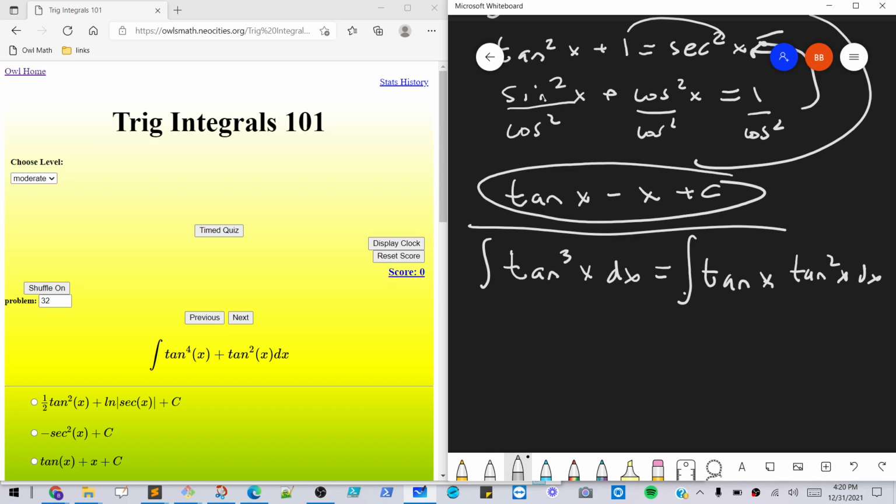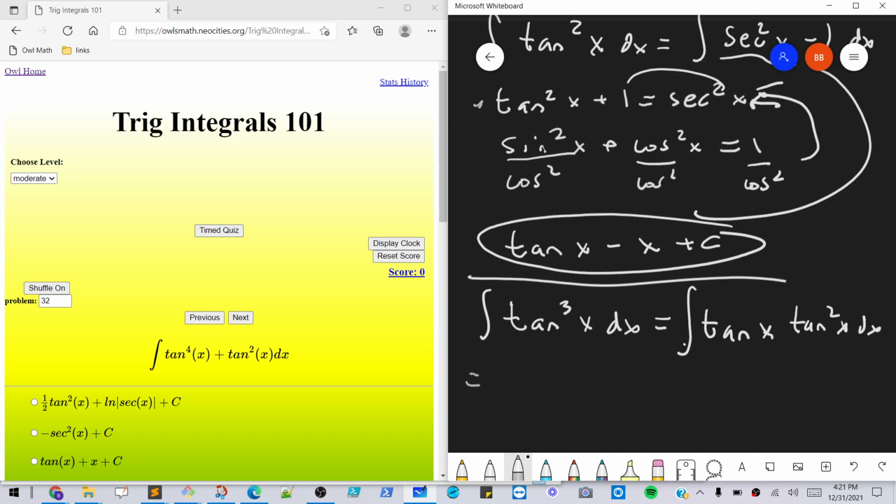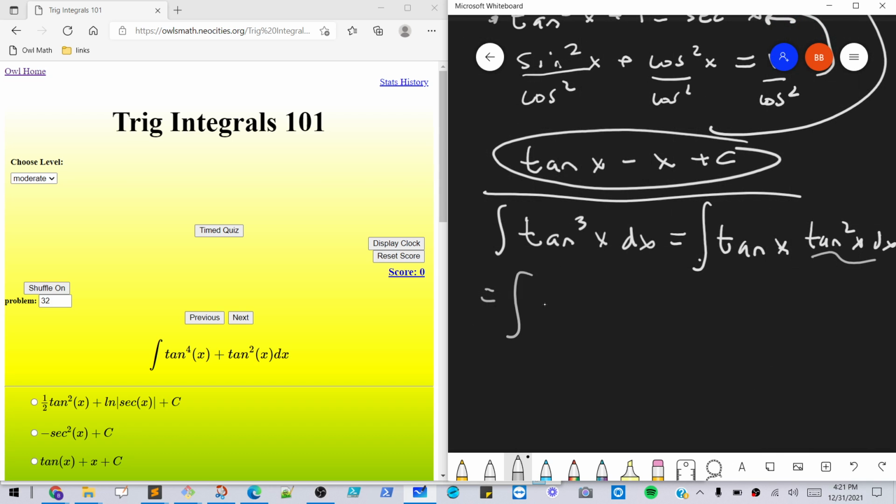Should use a different color just to be different. So using again this formula, we can rewrite tan squared as secant squared x minus 1 dx.